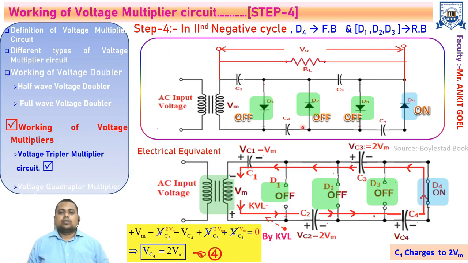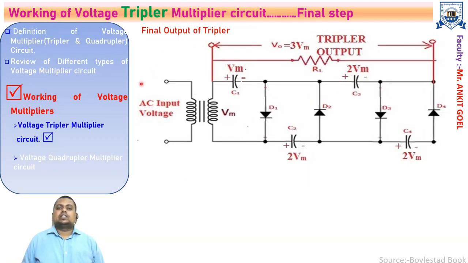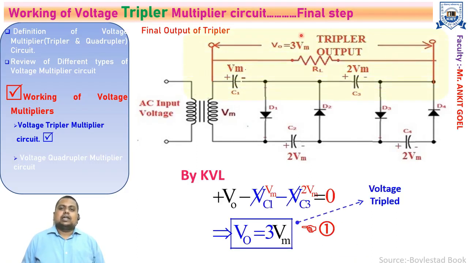Now let's take the output of the voltage multiplier. As we already have discussed, this is the common circuit for the voltage tripler and quadrupler. So let's discuss the output for the voltage tripler circuit. The voltage tripler output is taken across the capacitors C1 and C3 as shown in this figure. So in the highlighted region, when you apply the KVL, you will get the equation VO minus Vc1 minus Vc3 equals 0.